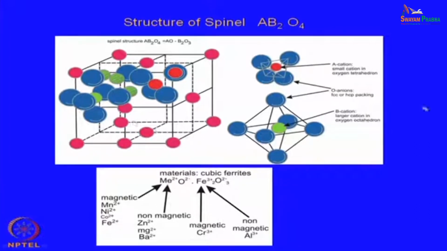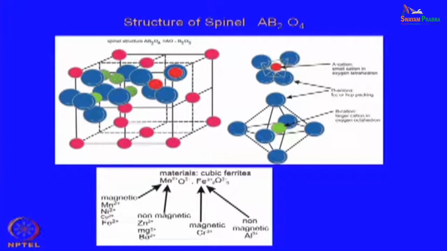This is one type where all the A ions go to the tetrahedral site and all the B ions go to the octahedral site. This is what is called the normal spinel. MgAl2O4 actually has a normal spinel structure.